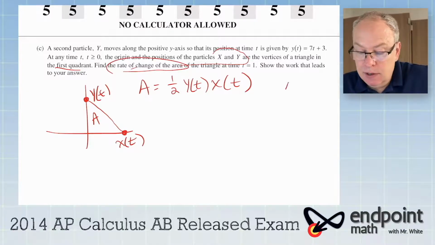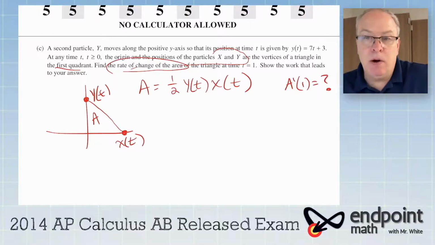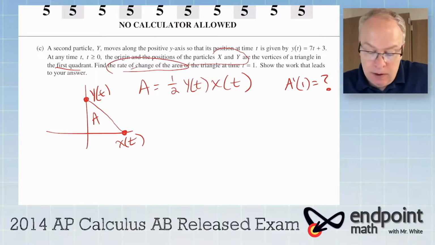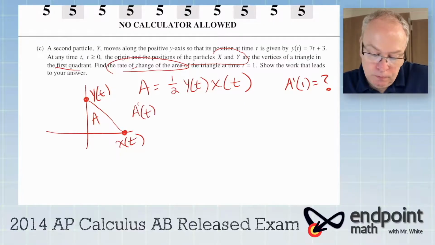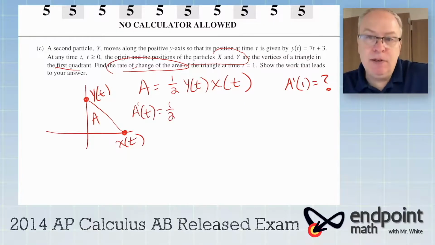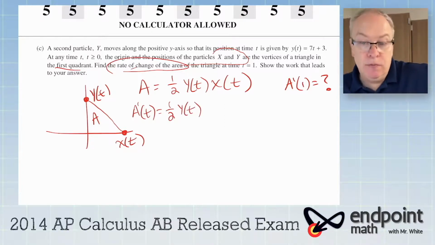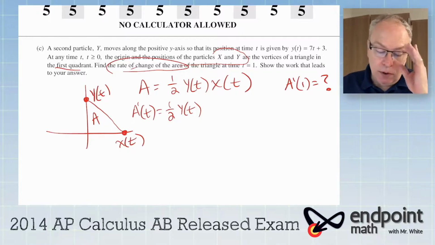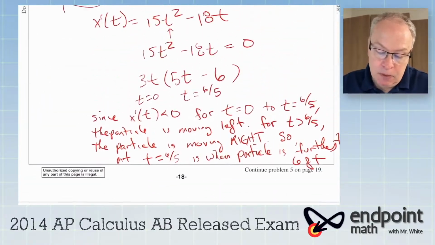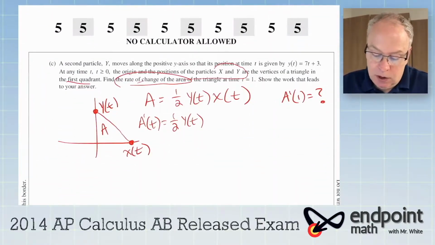So that's A prime at 1 equals question mark is what they're asking us to do here. So we have to take the derivative of this. And this will be 1/2 times the first times the derivative of the second. Now remember, we did the derivative of the second up above here, and that was 15t squared.